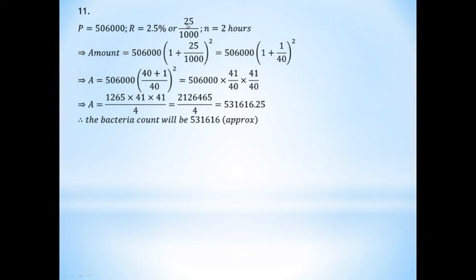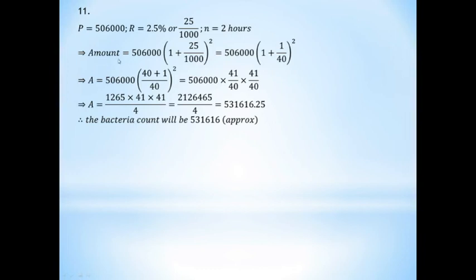Actually it should be 2.5 by 100. Since the point is removed here, we add one more zero at the end, so it will become 1,000. After 2 hours, how many bacteria will be there in that laboratory?